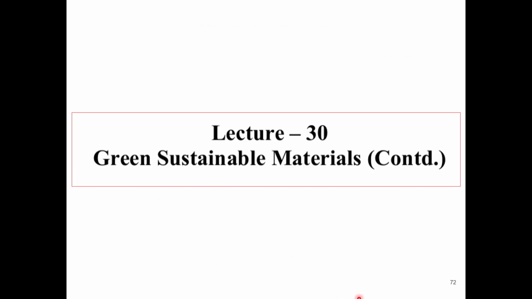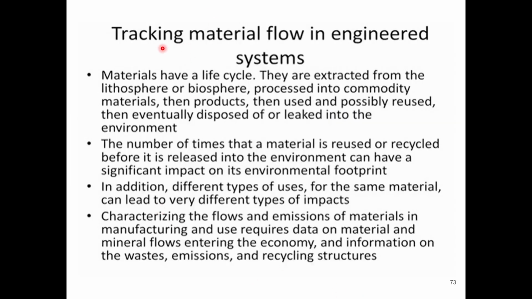Therefore, tracking material flow in engineered systems. Materials have a life cycle. They are extracted from the lithosphere to biosphere, processed into commodity materials, then products, then used and possibly reused, then eventually disposed of or leaked into the environment.